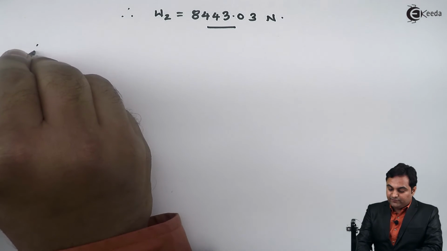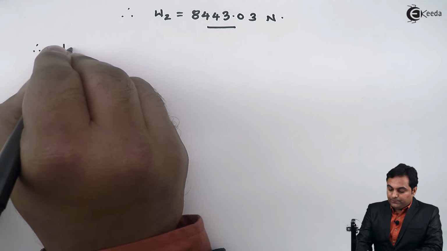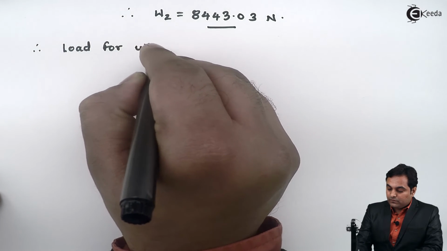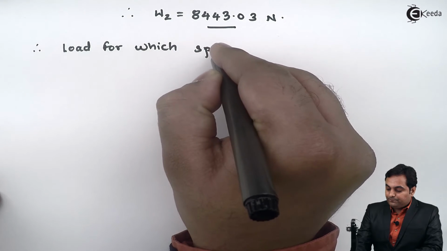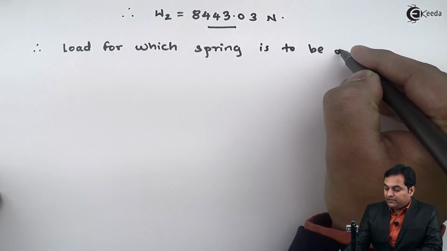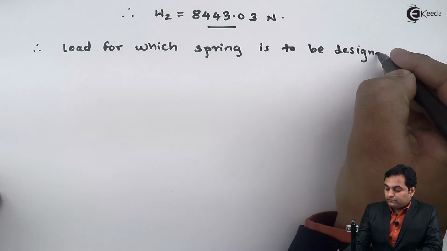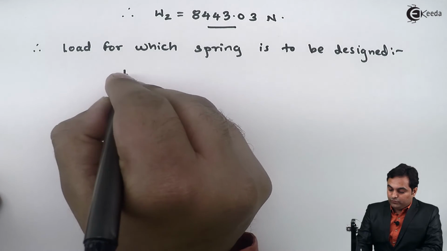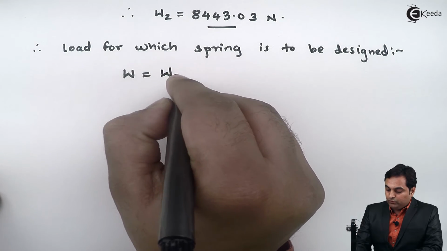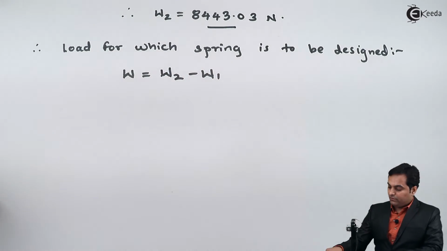So I'll say that therefore load for which spring is to be designed, that load will be capital W and it will be equal to W2 minus W1.